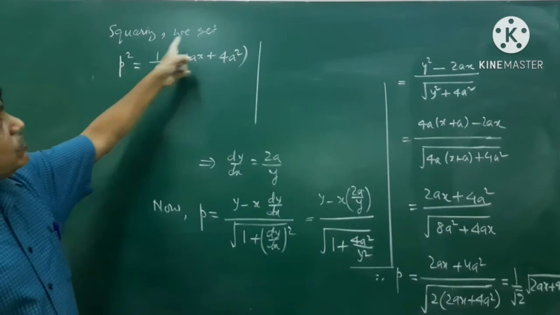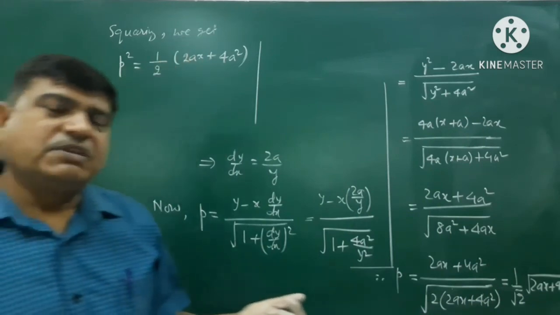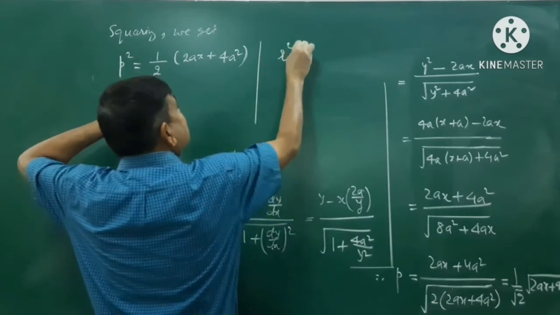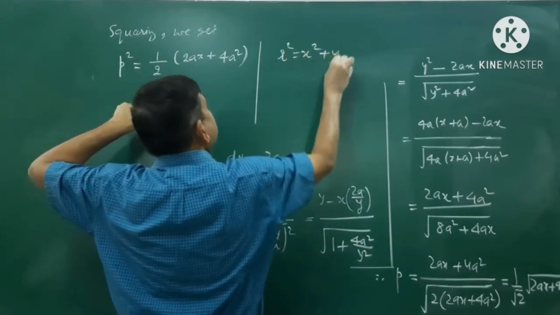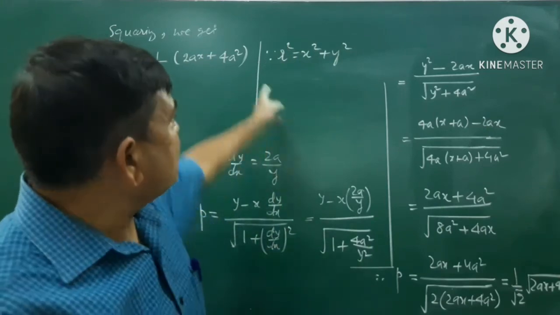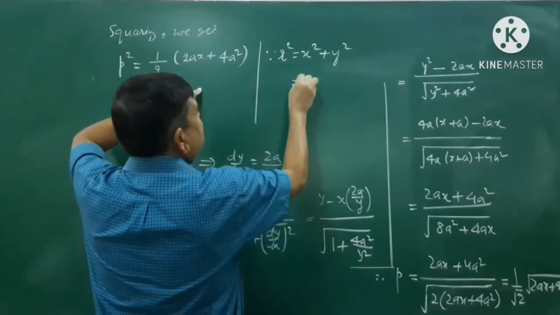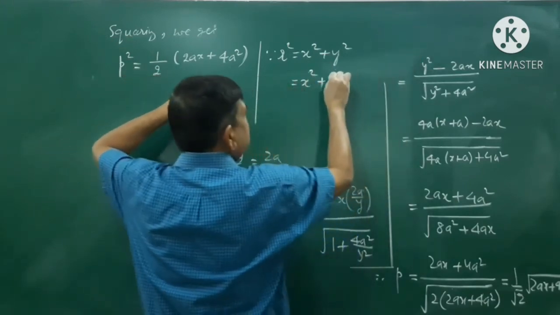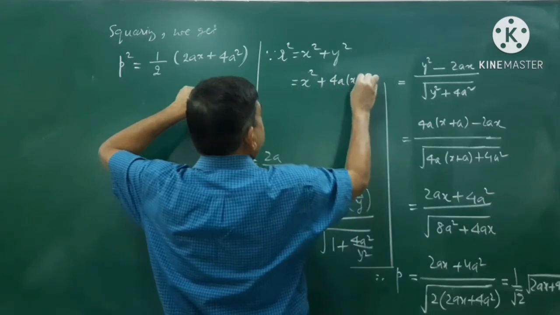Now we want to eliminate this because the relationship must be P and R. तो R कहाँ से मिलेगा? R square equals to x square plus y square. R तो यहीं से आएगा और कहीं से आने से नहीं. So R square equals to x square plus y square. And what is y square? Y square, the equation of curve, it was given 4a times x plus a.